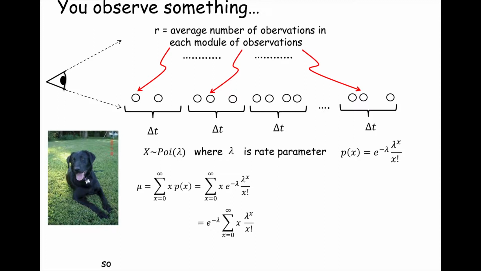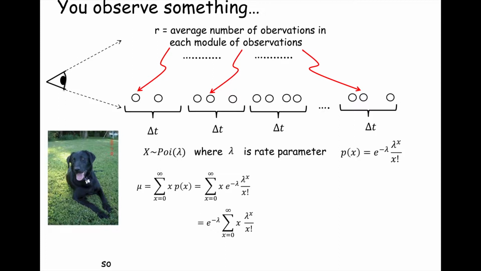Okay, so we have this e to the minus lambda, and you'll notice that this e to the minus lambda term does not involve x. So it is a free variable underneath that summation, and for all intents and purposes, it looks like a constant because it does not involve x. So we can take advantage of the distributive law of multiplication over addition and factor out this e to the minus lambda from under the summation for each of these terms in the sum.